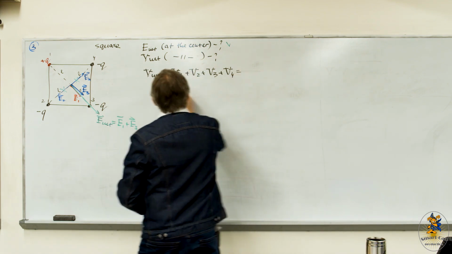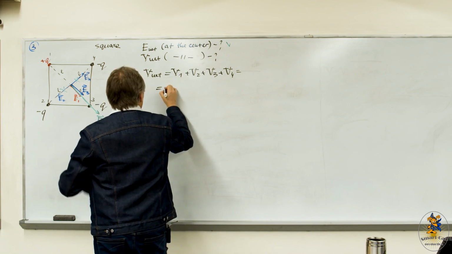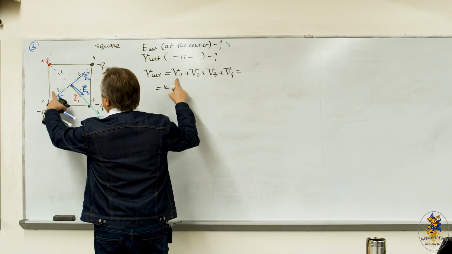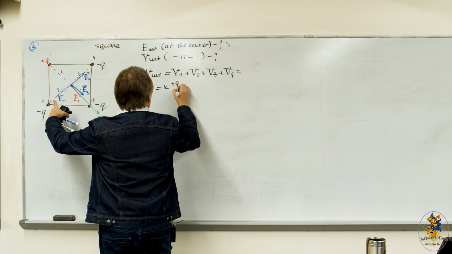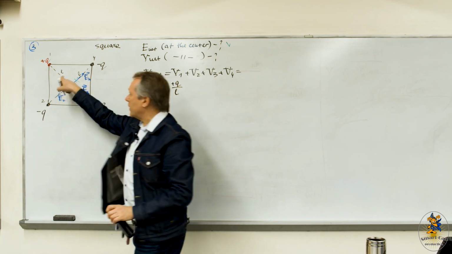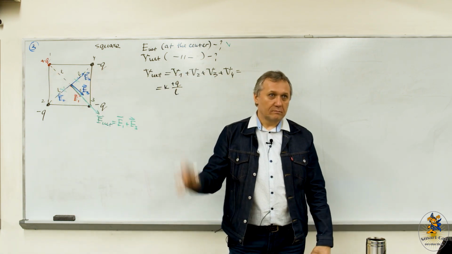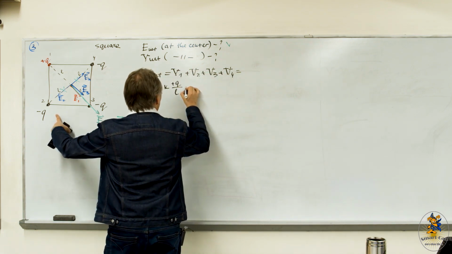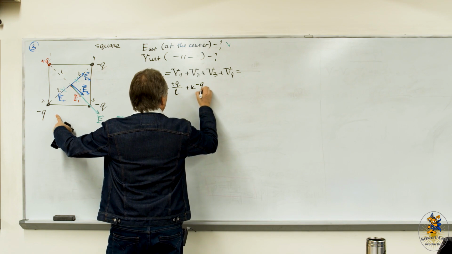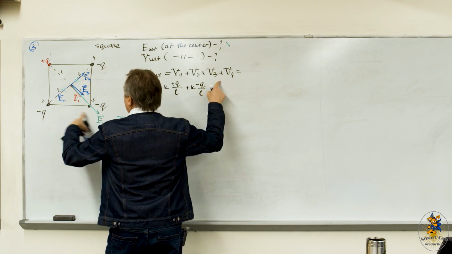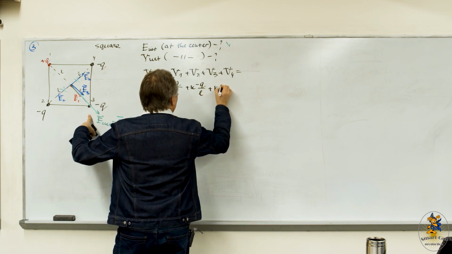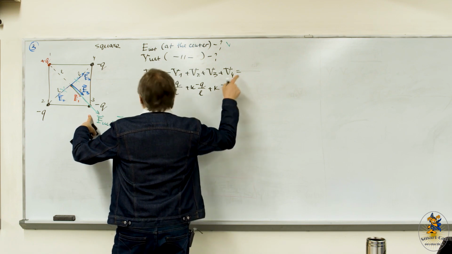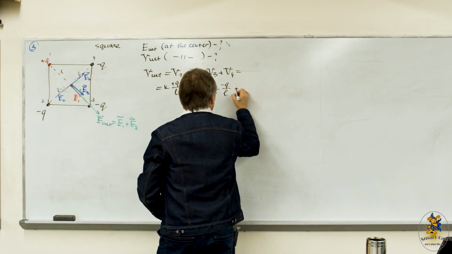So now this, of course, will be K, the first charge positive, so it's plus Q over L. We assume distance L is given for simplicity. The second charge, 2, is negative, so it will be plus K times minus Q over L. Then the third charge is also negative, plus K times minus Q over L. And the charge number 4 also negative.